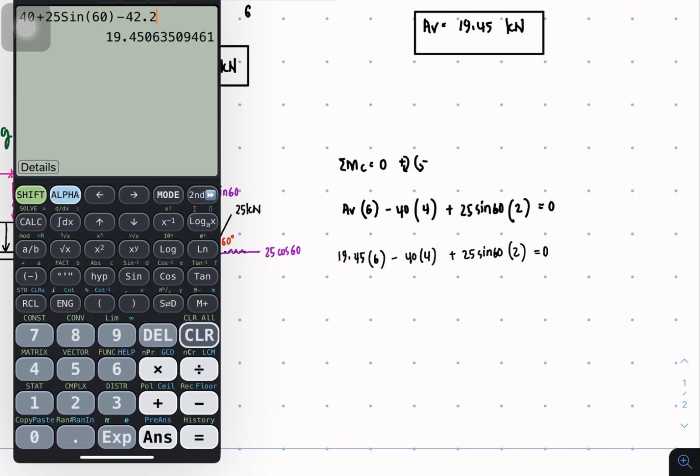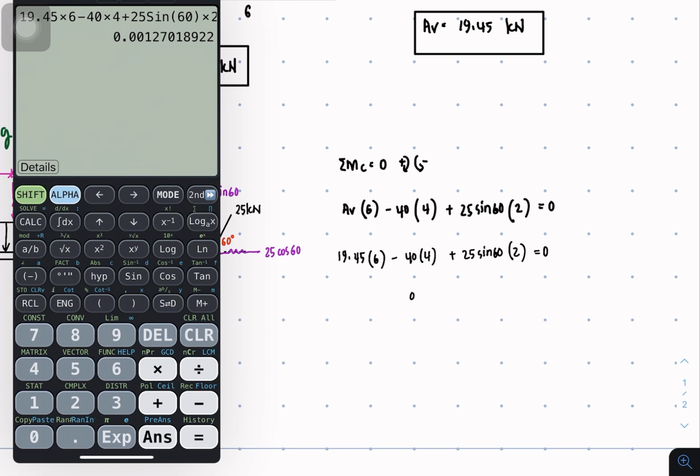So let's investigate whether we got it correctly. So that's 19.45 times 6, minus 40 times 4, and then plus 25 sine of 60 times 2.